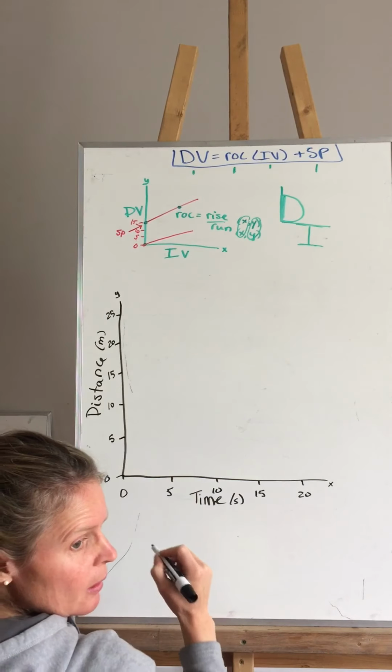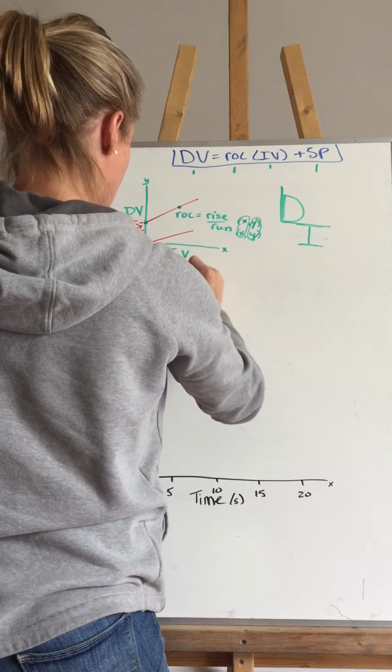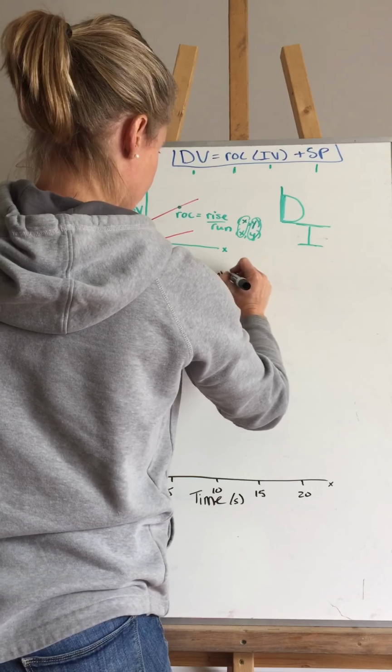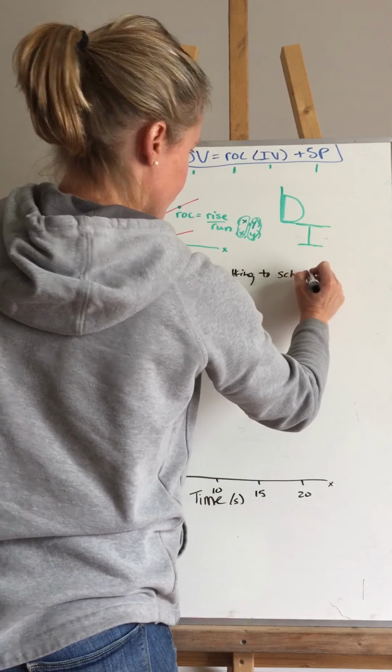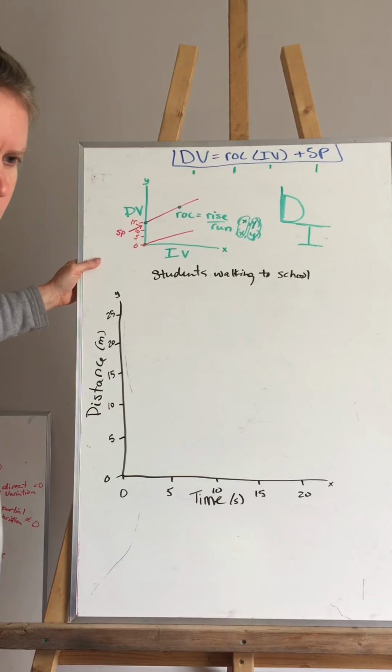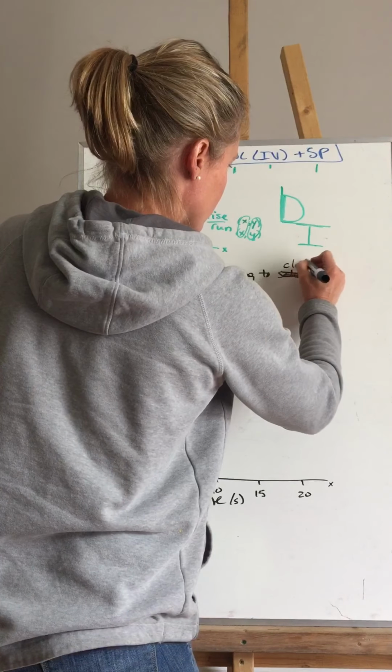Okay, and this graph is about students. There's 2 students walking to school. Or sorry, walking to class, because it's actually pretty short distances.